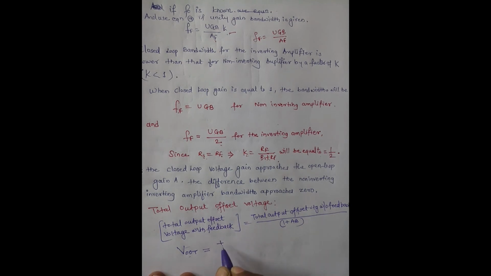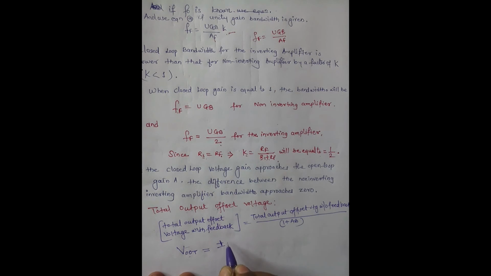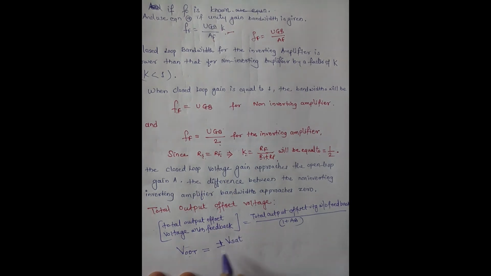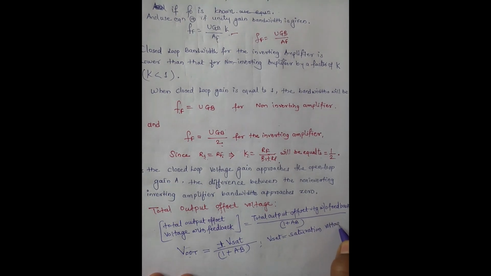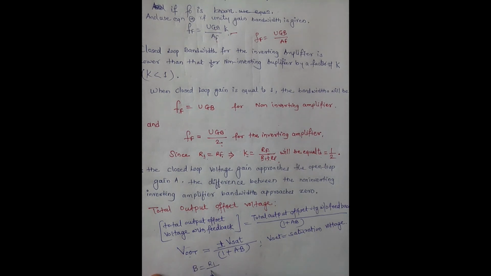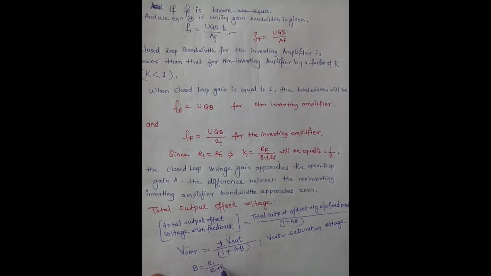So we can define this as plus or minus Vsat, divided by 1 plus A into B, where Vsat is the saturation voltage, and the B value we already know is R1 divided by R1 plus RF.